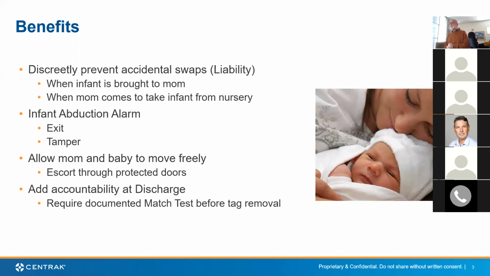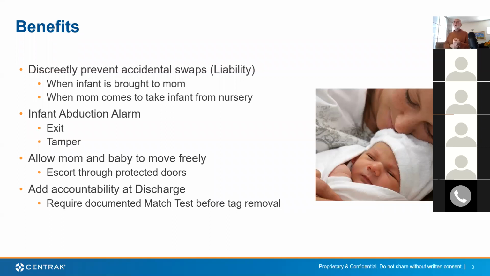So we want to be able to discreetly inform the nurse when she's bringing the baby to mom that she's bringing it to the wrong mom. We can notify her perhaps with an LED at the entrance to the room or by the bed, saying this is red, this is not the correct room, go to the other room where there's a green.